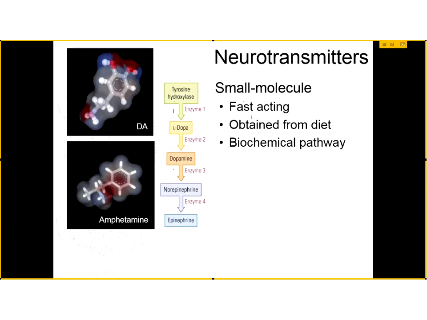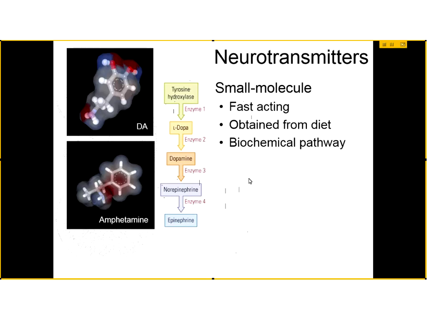These series of steps allow us to synthesize different neurotransmitters, and depending on where this starts out, you can end with just dopamine, norepinephrine, or epinephrine being released at the synapse. So there's a clear biochemical pathway for these small molecule neurotransmitters.